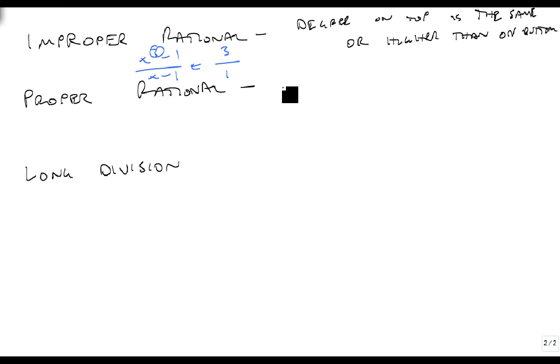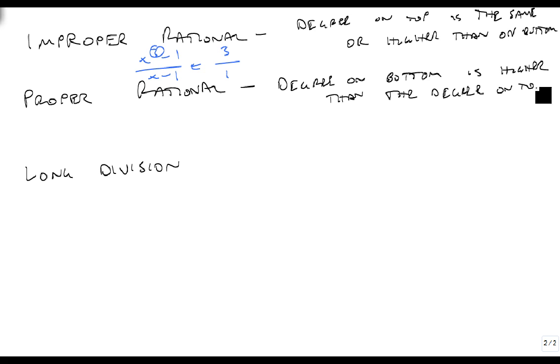A proper rational is where the degree on bottom is higher than the degree on top. So if I turn this upside down, x minus 1 over x cubed minus 1, this is now a proper fraction.